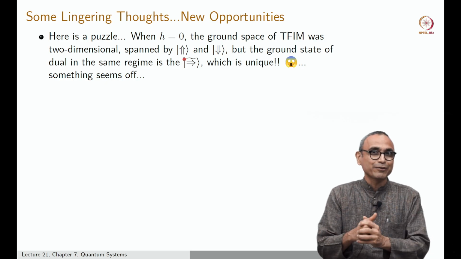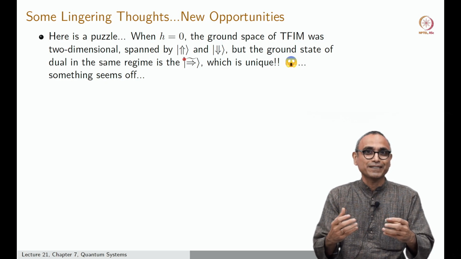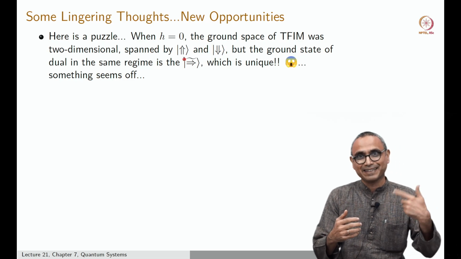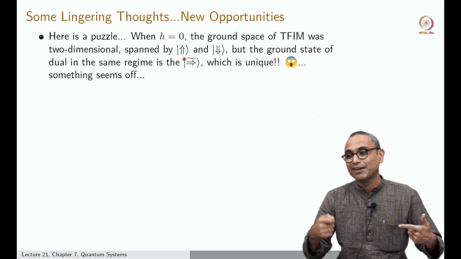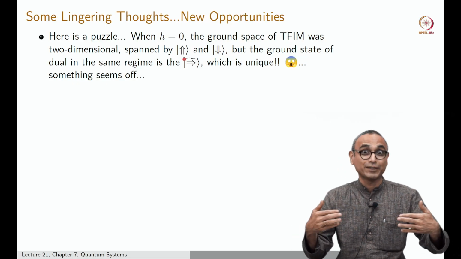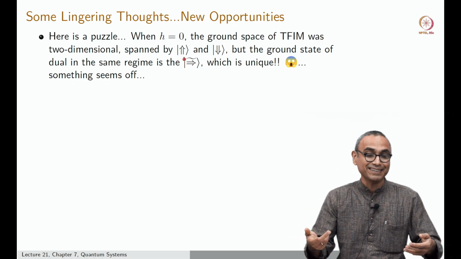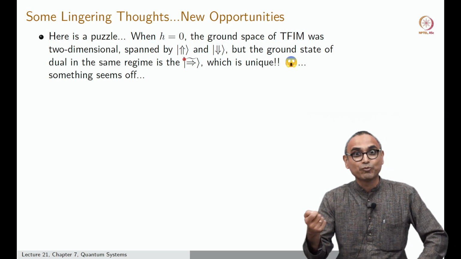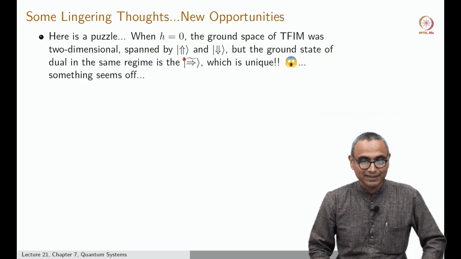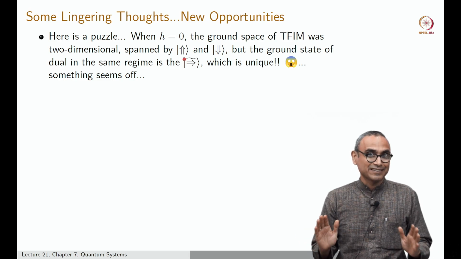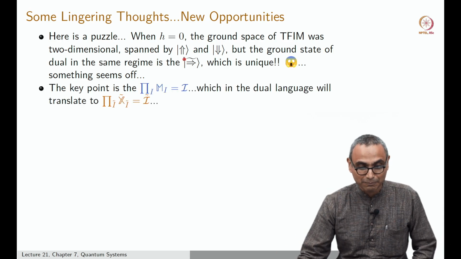Then what is the meaning of duality? How can you justify the fact that on one side there is a ground space which is two dimensional, whereas on the other side, which you are claiming to be completely equivalent, there is only a non-degenerate unique ground state? So, something is not giving here, right? Something is puzzling.